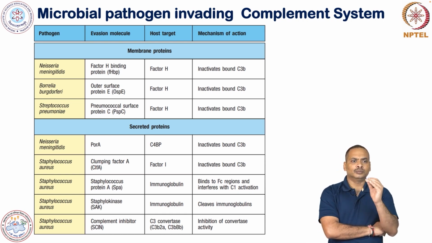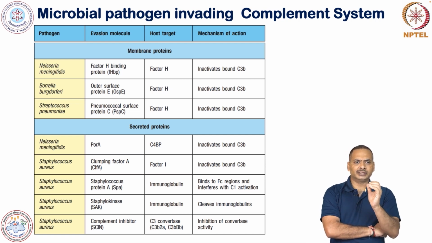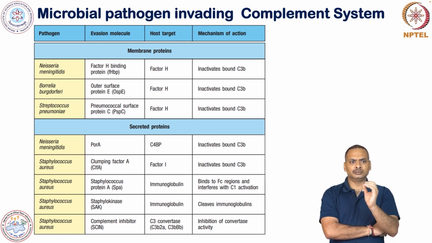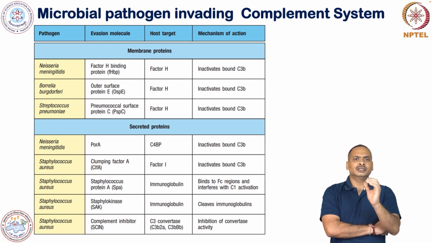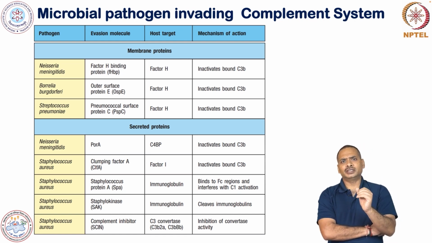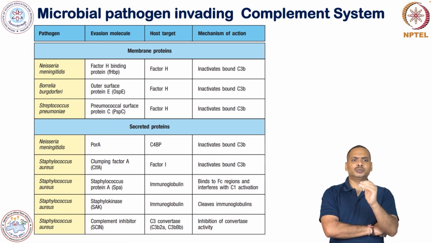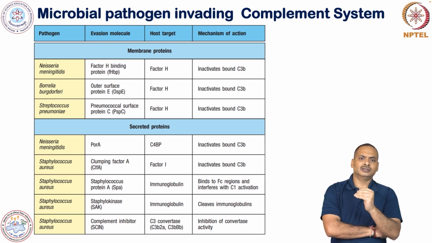Another is Borrelia burgdorferi. This is also a pathogenic microbe, and it makes a protein which we call outer surface protein E. This also interacts with factor H and inactivates bound C3b.